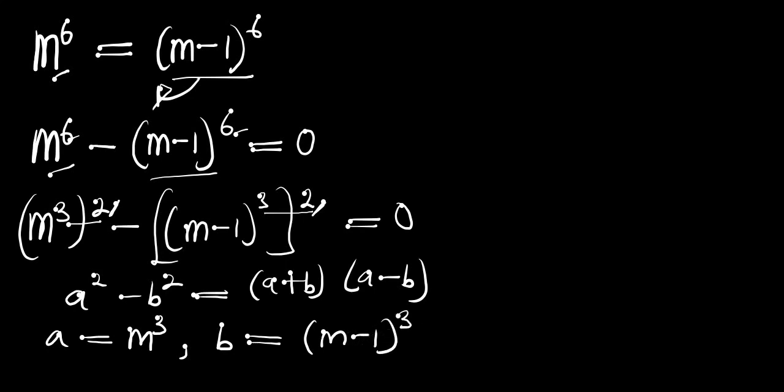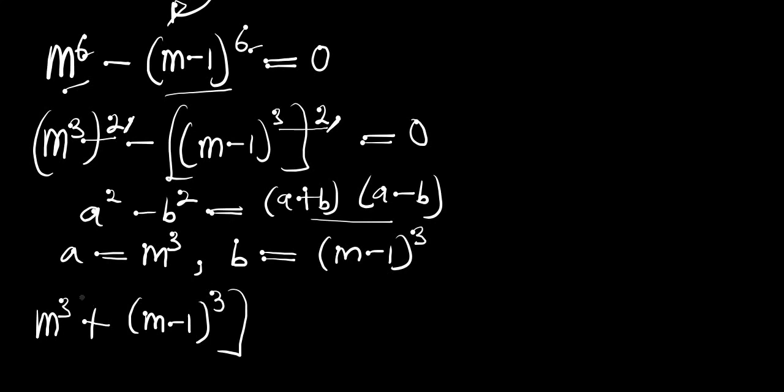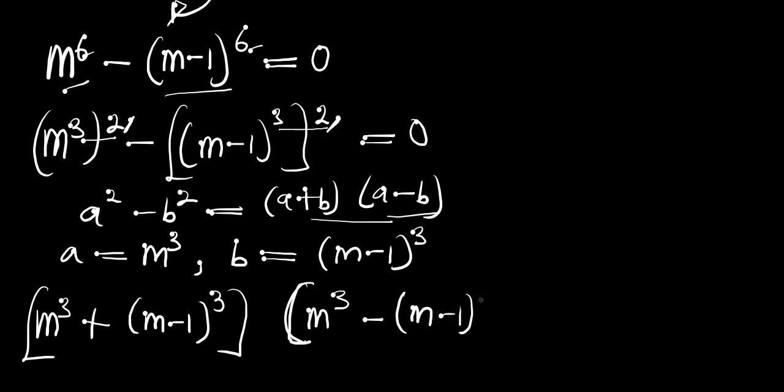So if we make use of this difference of two squares, for a plus b we are going to have n power 3 plus (n minus 1) power 3. Then for a minus b, we are going to have, let me use square bracket, n power 3 minus (n minus 1) power 3, and this equals 0.